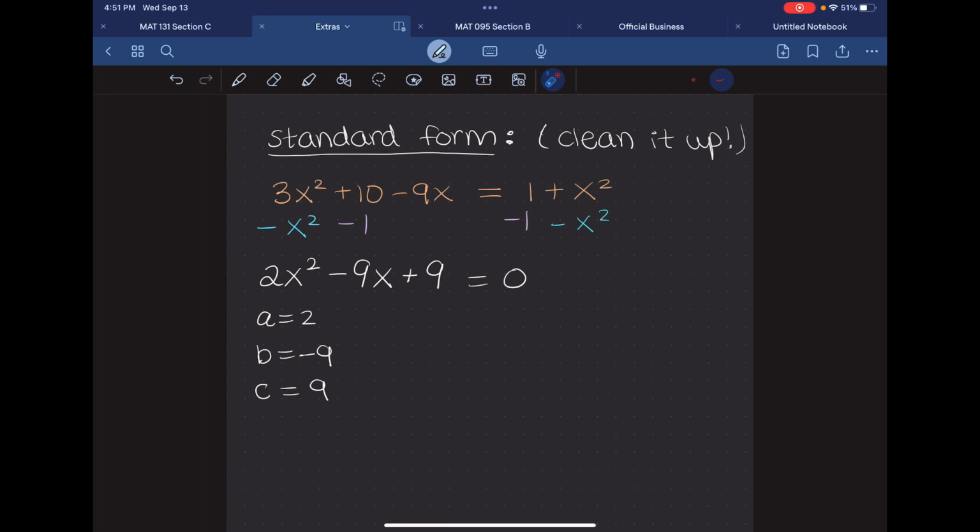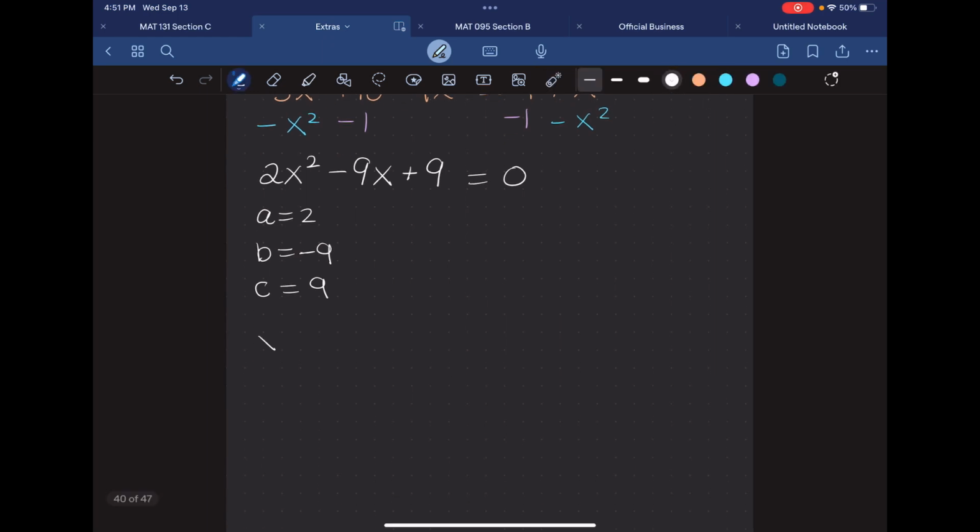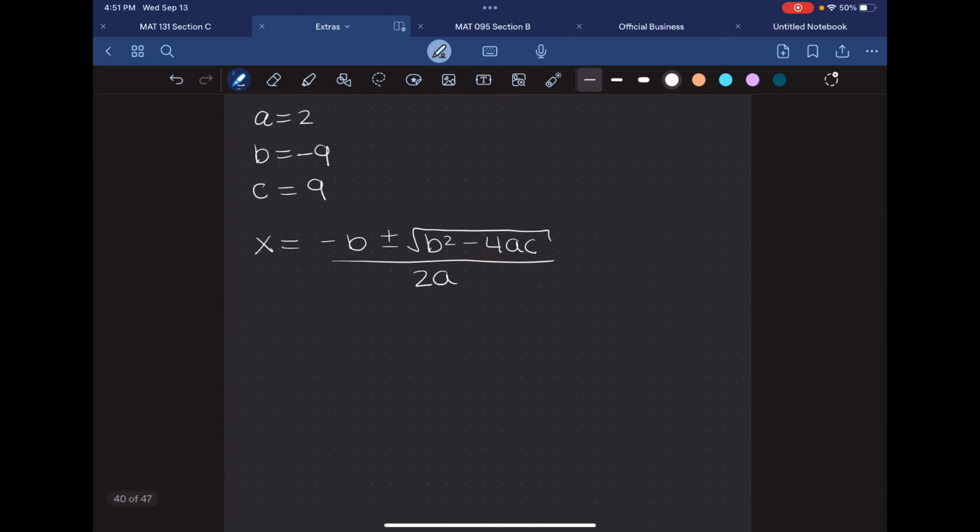So once we've identified those, we can plug into our quadratic formula, which is x is equal to negative b plus or minus the square root of b squared minus 4ac, all over 2a. So we're going to plug those values in.